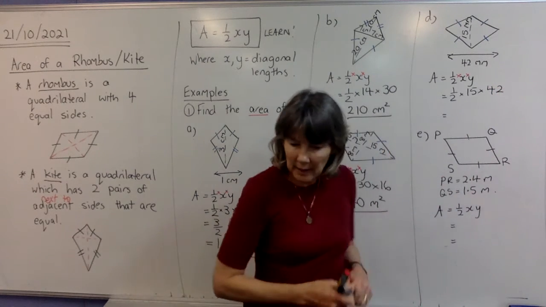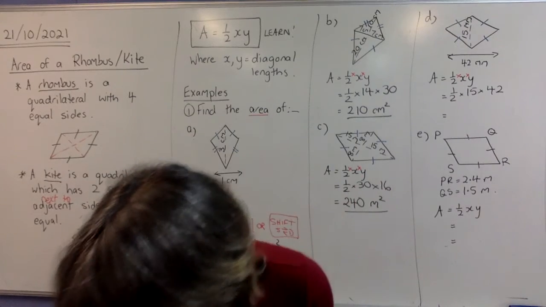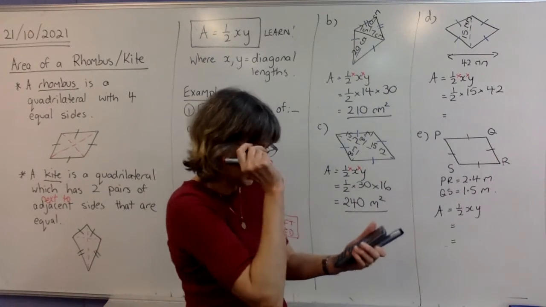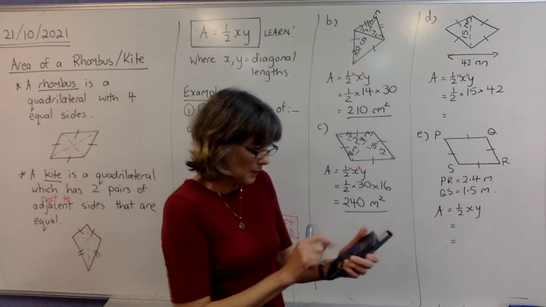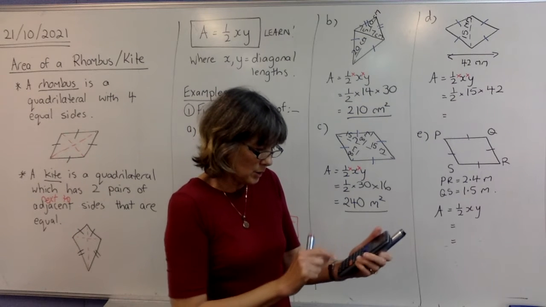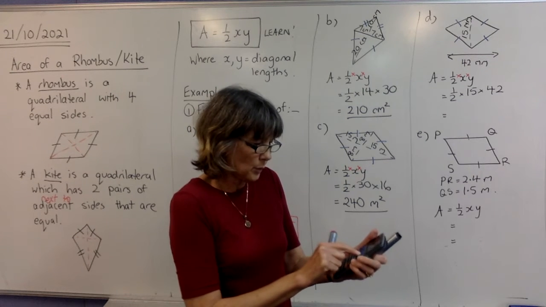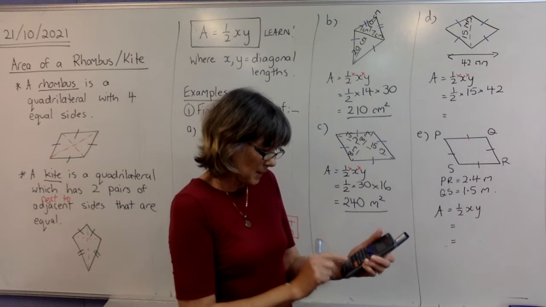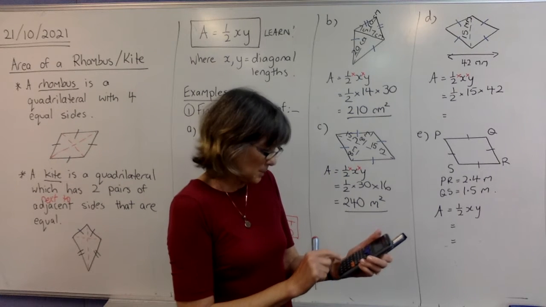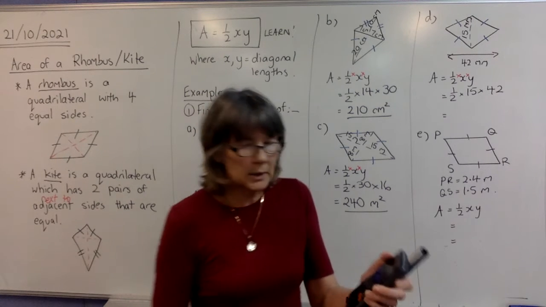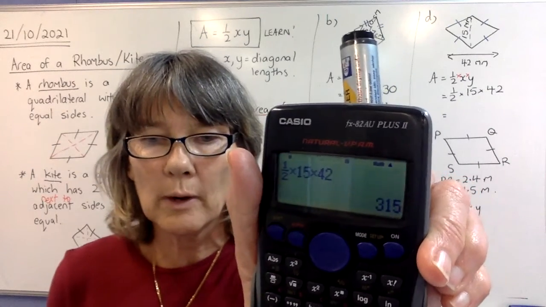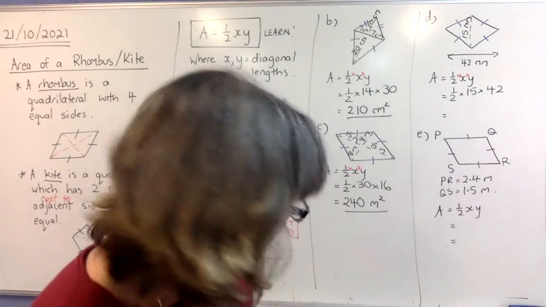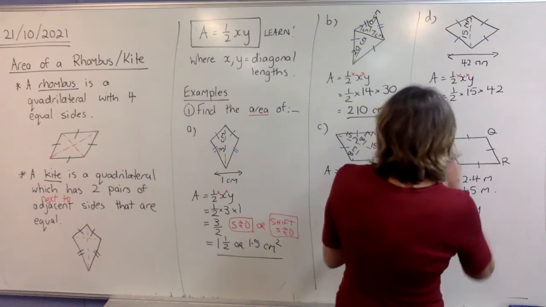And then we're going to put that in our calculator, and I'm not doing this one in my head, so let's put it in the calculator. So you're going to type in fraction key, 1, down arrow 2, right arrow out of the fraction, times 15 times 42, and press equals, and you'll get 315. So let's put that answer down.